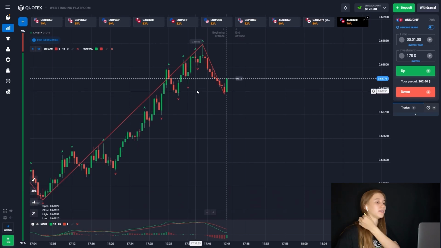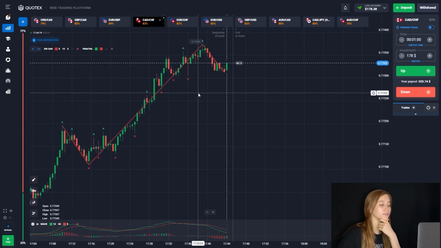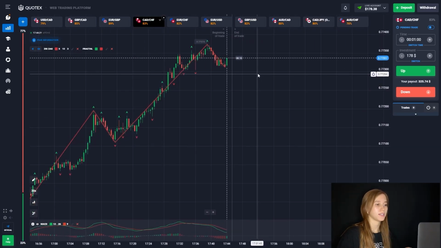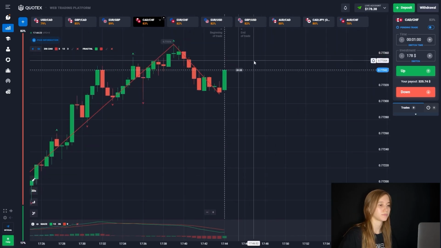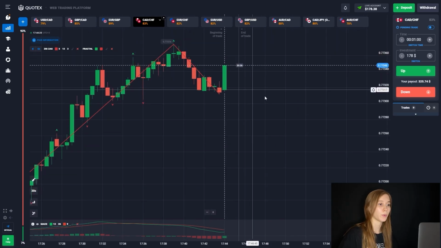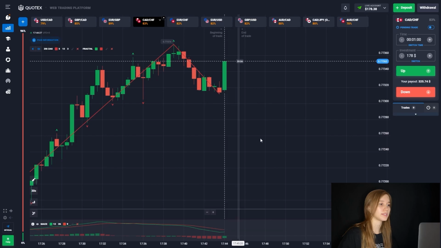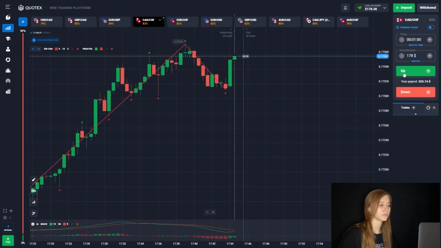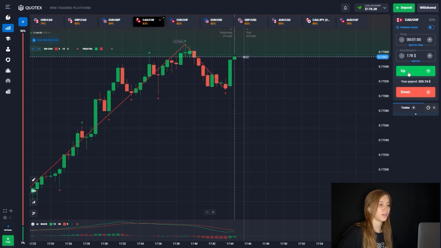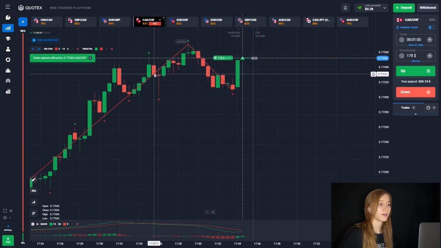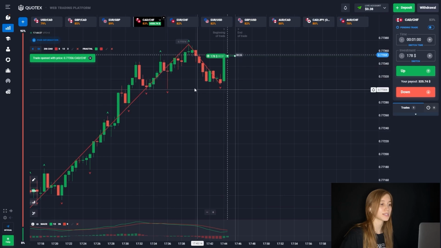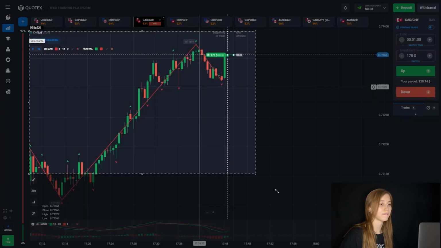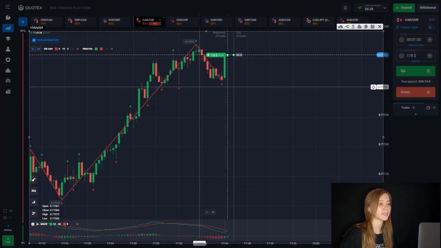So let's find a good moment to trade. I think here we can wait and look at our indicator, at the behavior. Let's go up here. I'll explain why: we see a very strong upward movement.